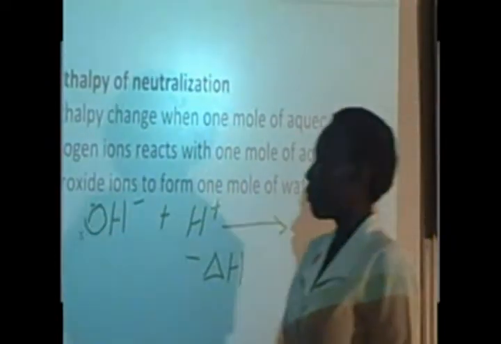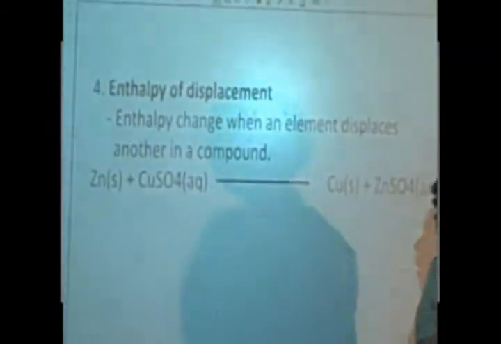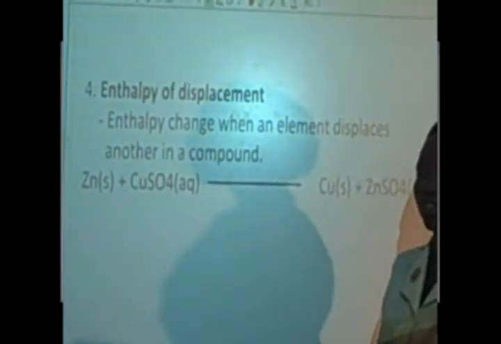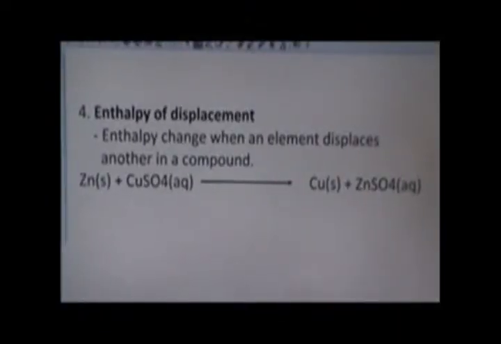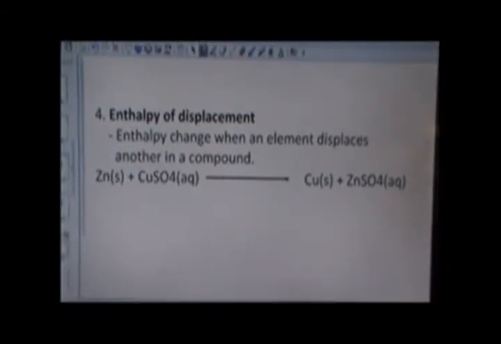So let's look at our last type for this session. We have the enthalpy of displacement. Enthalpy of displacement is the enthalpy change when one element displaces another in its compound. Now that only happens when the element that is displacing the other one is higher in the reactivity series than the element that is in the compound.